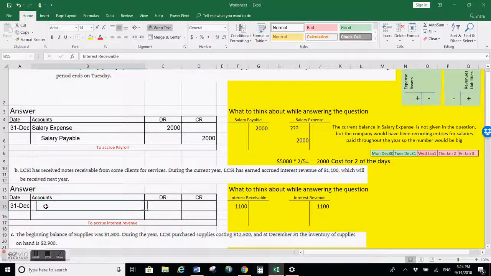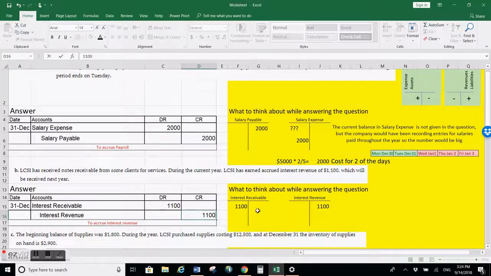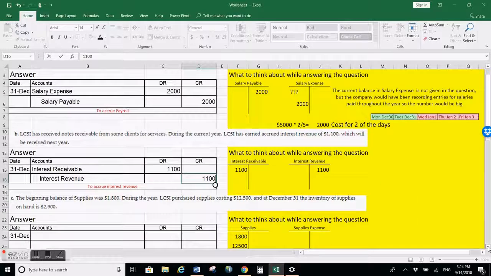It will show that these people owe us $1,100. When it comes to our journal entry, we'll debit interest receivable for $1,100 and credit our interest revenue. So that would go in there, top up that account. This would go in here, top up that account, and things are good.